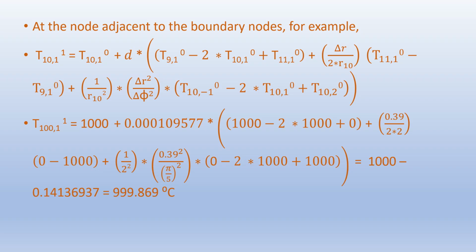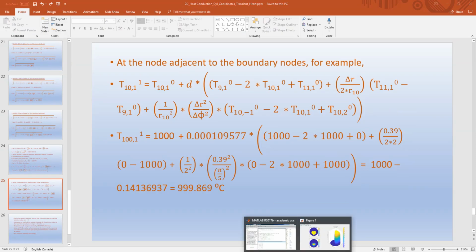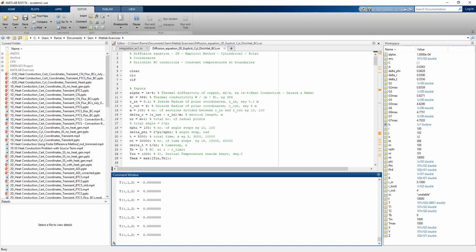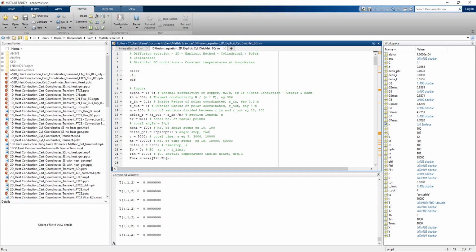Let's go back to MATLAB now. This takes a little bit of time to run, so it's been running in the background. The alpha value is given as 1e-4, and kT equals 386 watts per meter Kelvin. R in equals 0.1 meter.